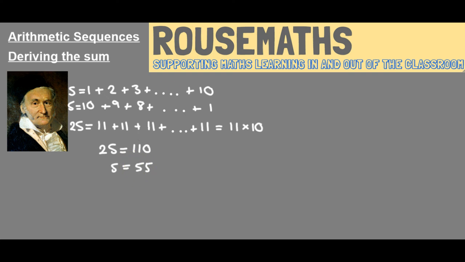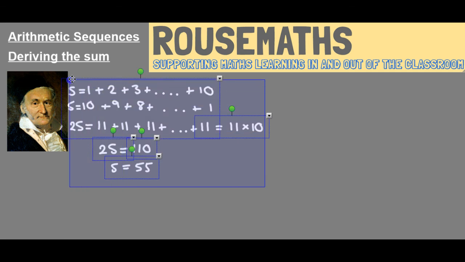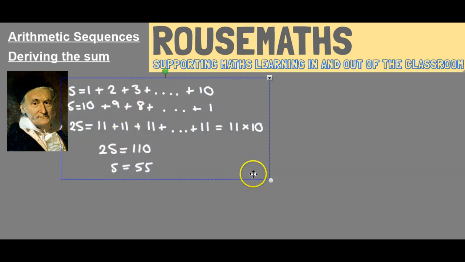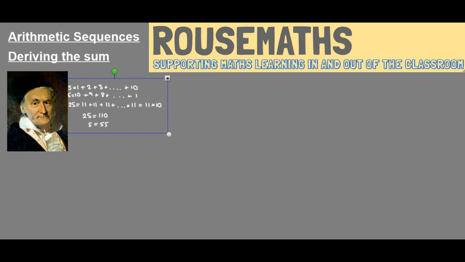Now you need to be able to do this more generically for your exam, so we're going to look at it in a more general case where we've got an arithmetic sequence which starts on a, so a is the first term, goes up in d, so d is the difference, and the number of terms is n.